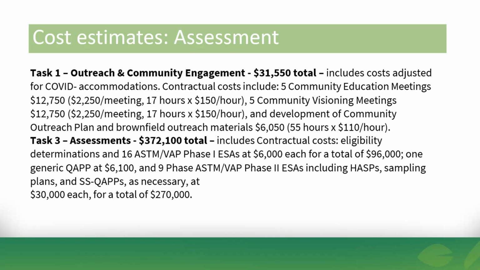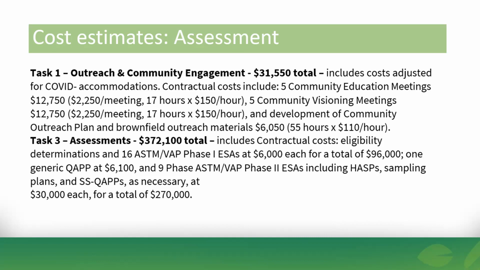Maybe they should explain that. But of course, they're saying who's doing it, so I think that's okay. Contractual cost here includes the VAP. So these are cost estimates that were in a successful grant application. It's a good thing to take a look at how they outlined their cost.